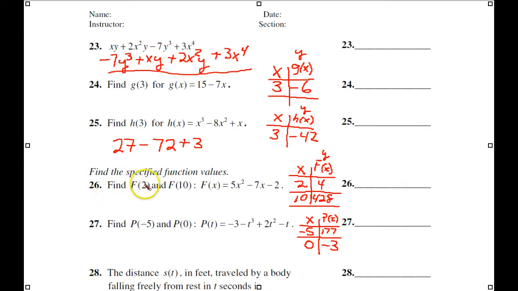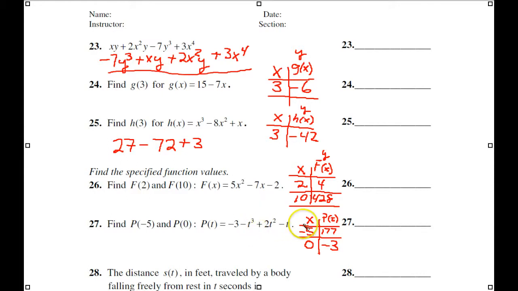And here we have 2 for our x. And when you process it, do the computation, you end up with 4. And for here, you end up with 428. Again, this is just substitution. We want to show you how to do it. And if I worked every one out, it would make the tape quite long.